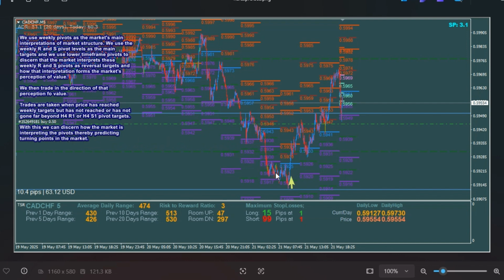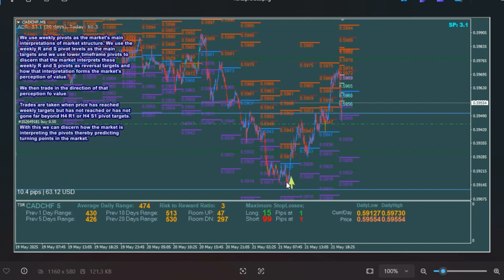Trades are taken when price has reached weekly targets. So price reaches this weekly target, which is the weekly S2. But the market has not reached the H4S1 pivot target, which is over here.